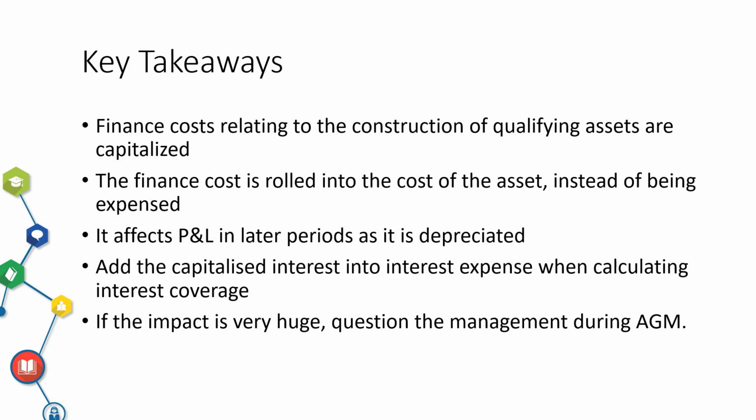To overcome the issue, you should add the capitalized interest into interest expense when calculating the interest coverage ratio. If the impact is very significant, you can ask the senior management about the depreciation policy applied to the capitalized interest. Also, ask them the amount of accumulated capitalized interest, as this amount is often not disclosed in financial statements.